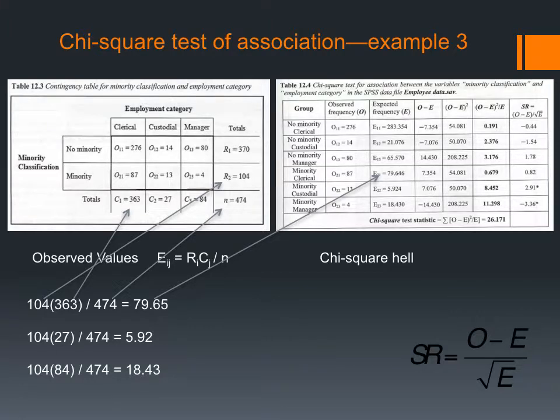Now let's look at the second row values for minority status. Here you're going to do the same process again, but you're going to use row 2 values. So 104 times column 1, 363, divided by 474 is going to give you 79.65.